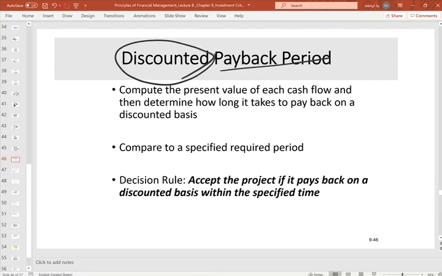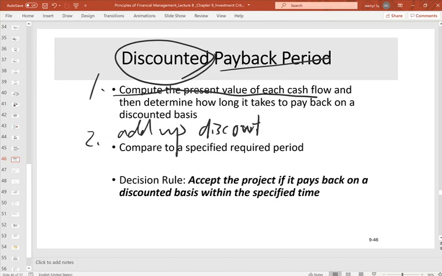Instead of using our cash flows directly and adding up incrementally, we will first compute the present value of the cash flows. Then we will add up our discounted cash flows to the initial cost to see how soon you will recover your initial cost.